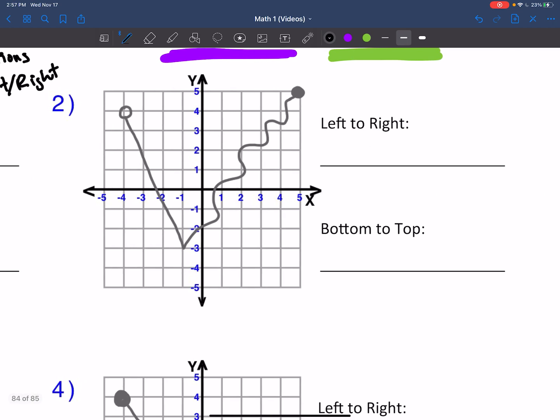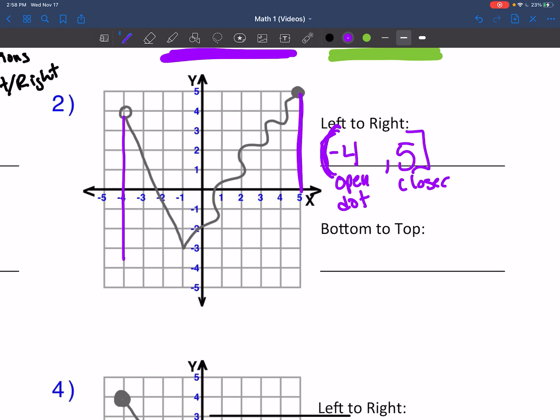All right, number 2, the leftmost side of our graph, so using that x-axis, it's a -4, and we have an open bracket because we see an open dot. The rightmost side on our x-axis is a 5, and it's a closed bracket because we see a closed dot.